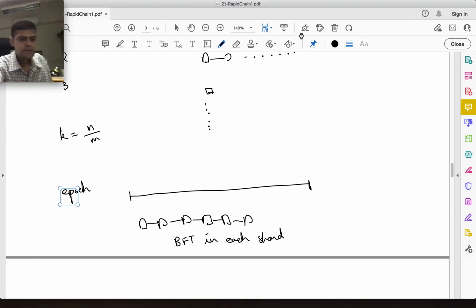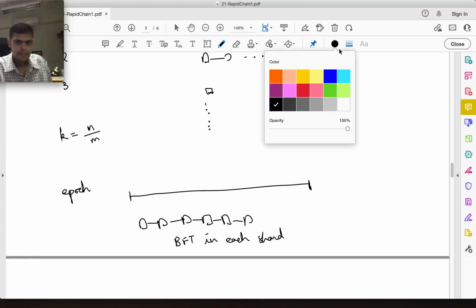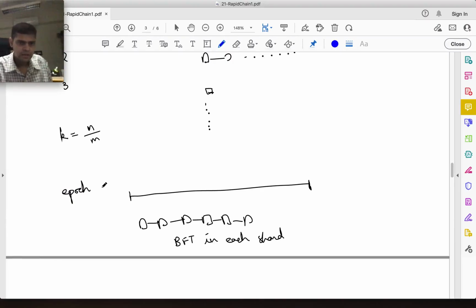But at the same time, let's say this is epoch i, there is some random number Ri generated by the reference shard.